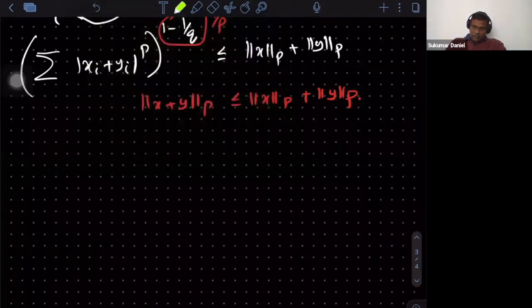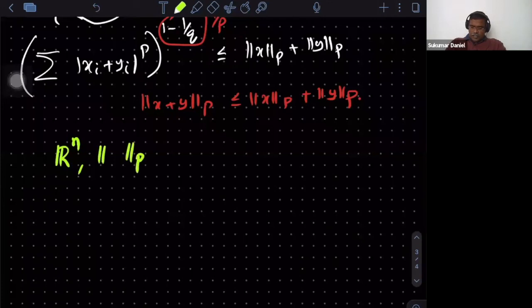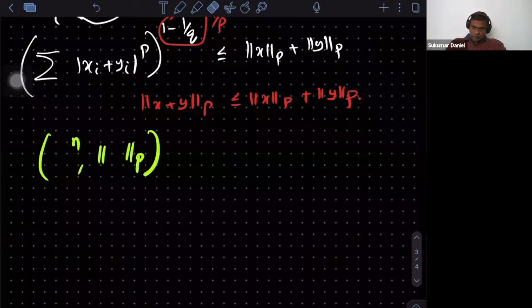So in Rn, we can actually define the p norm, or in fact Kn also, since we are using modulus. For all p, this is a normed space.